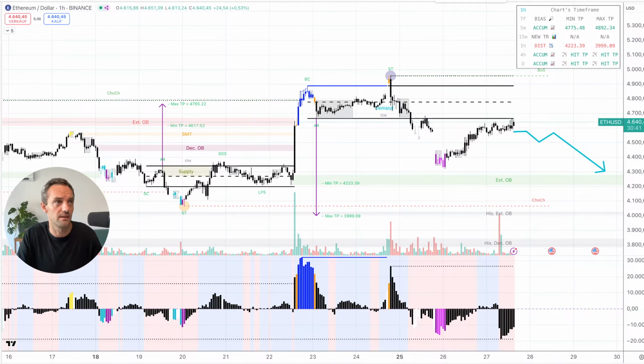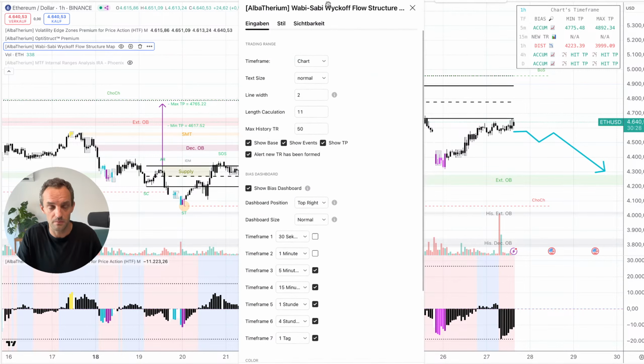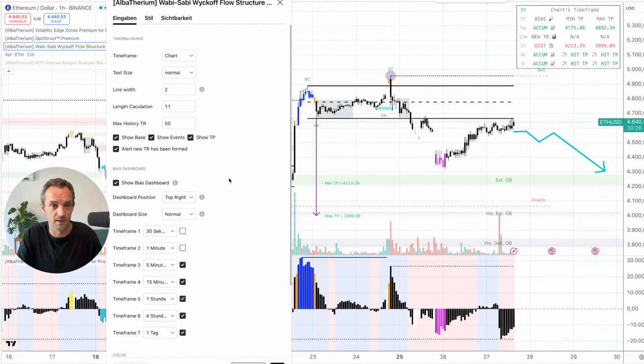Where is the setting for the purple arrow? The setting for the purple arrow, you mean this one, is from the Wabi-Sabi Wyckoff Flow Structure map. First of all, it has something to do with the length calculation.